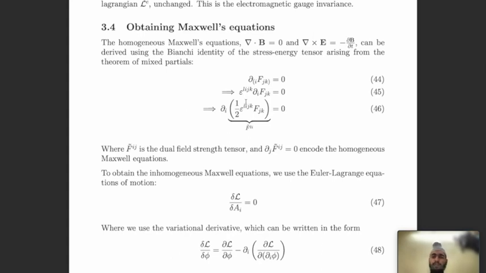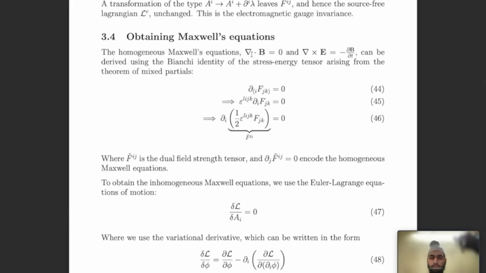The other two we can obtain simply from the fact that our field strength tensor can be written in terms of the electromagnetic four potential, because using the theorem of mixed partials, if you sum over the permutations of Ijk in this expression, the mixed partial derivatives of the four potential components cancel out, and hence you get an identity which can be reformulated into the divergence of the dual field strength tensor being 0.